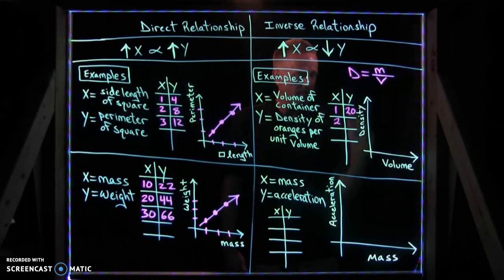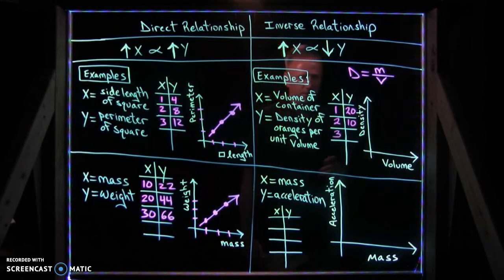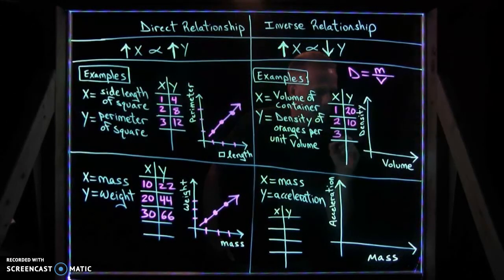So now my density drops. By doubling the volume, I have half the density. If I triple the volume of the box, a 3-gallon box shipping those 20 oranges, this will reduce to 1/3 of its original value, which is about 6.7. If you quadruple it, it reduces to 1/4 of its value.